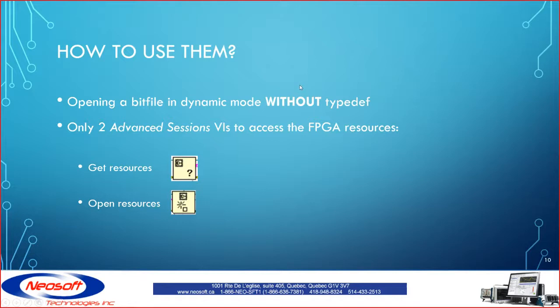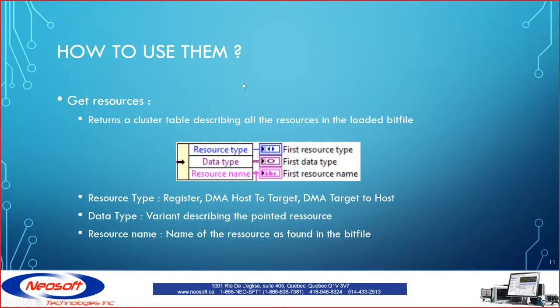You will see that the typedef is a generic typedef, kind of empty, when you open the bitfile, and then you will need to use these two VIs to access the resources present in your bitfile, and use, for example, the open resource VI to read or write to your bitfile, to the FPGA code. I'm just going to summarize rapidly what these two functions do, and I will make a quick demo right after.